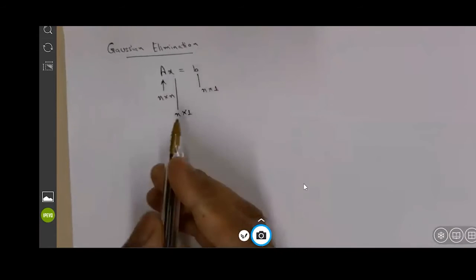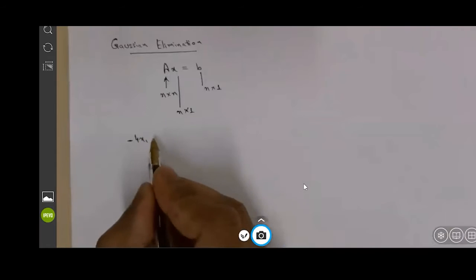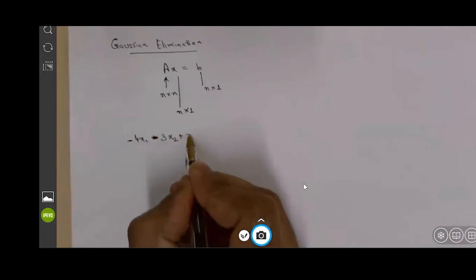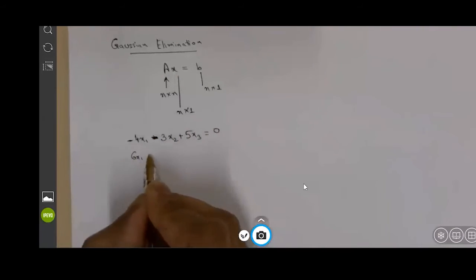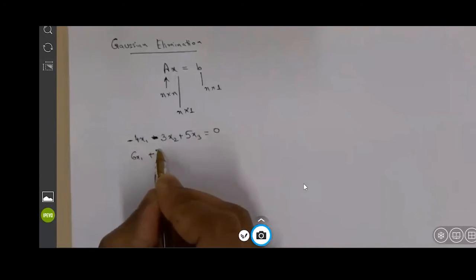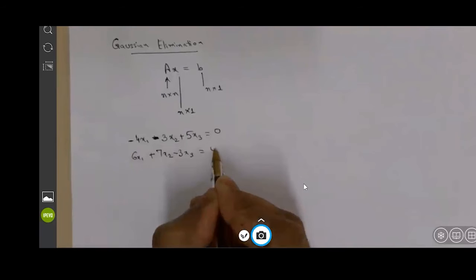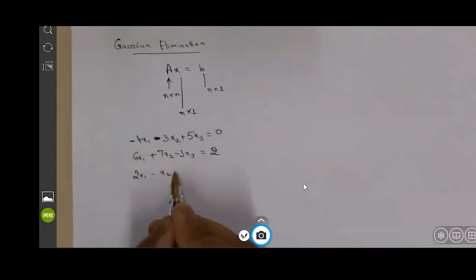Let's say you have this system of equations: minus 3x2 plus 5x3 equals 0, 6x1 plus 7x2 minus 3x3 equals 2, and 2x1 minus x2 plus x3 equals 6.